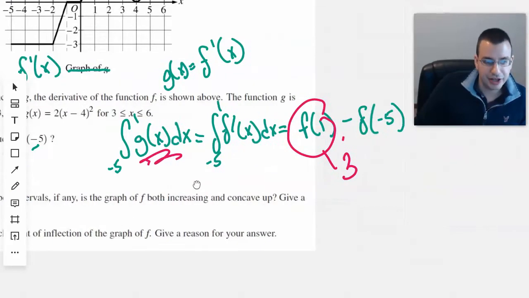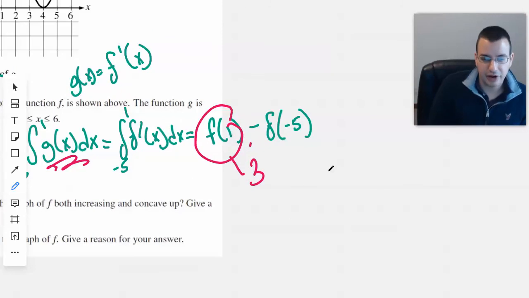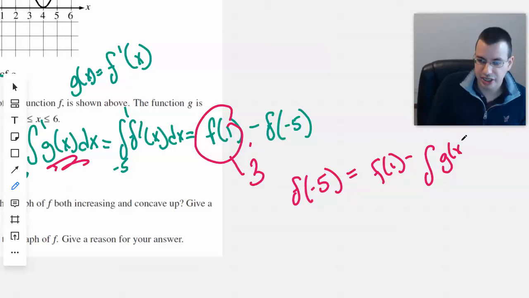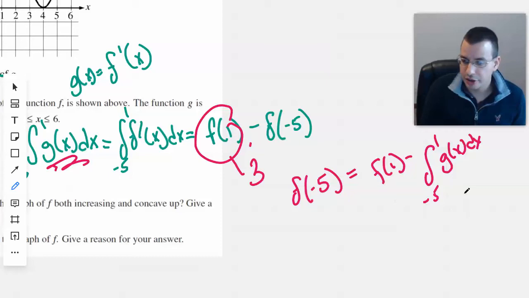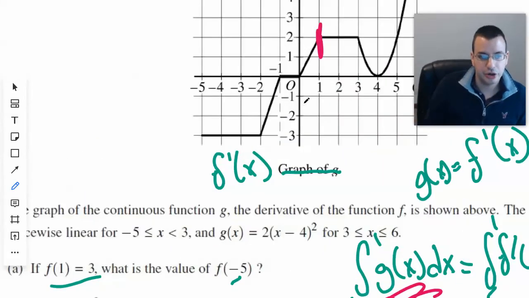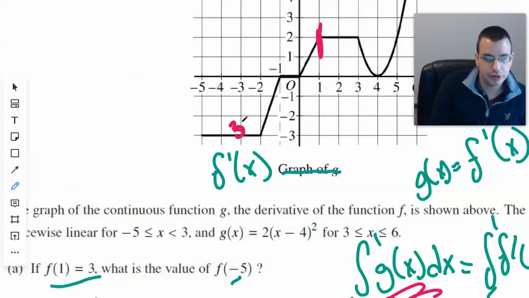So they want us to find f of negative 5. So f of negative 5, just rearranging, is f of 1 minus the integral of g of x dx from negative 5 to 1. I'm going to find this value right now. It's just the area under the curve. So here we have 3 by 3, which gives us 9.